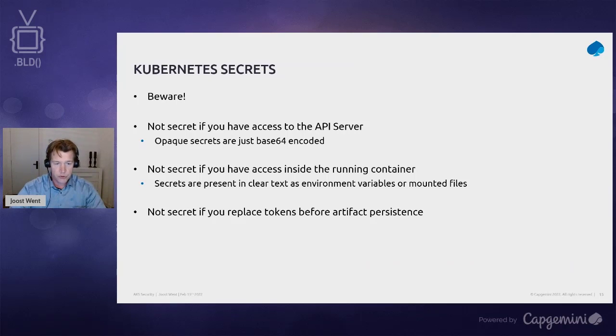You saw the resources that I've just deployed. If you do kubectl get secrets, then you'll be able to see the internals of the secrets as well, and they are just base64 encoded. They're also not secret if you have access inside the running container, because you just saw a secret is just a plain text file, and it contains the secret over there. And the environment variable is also not encoded.